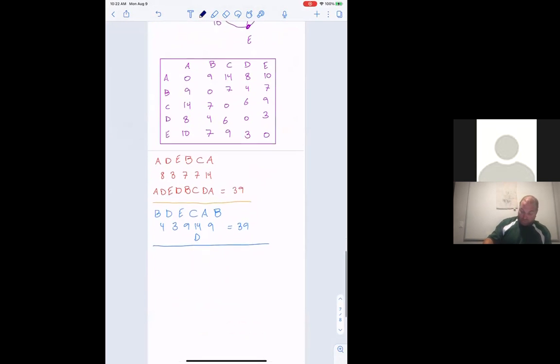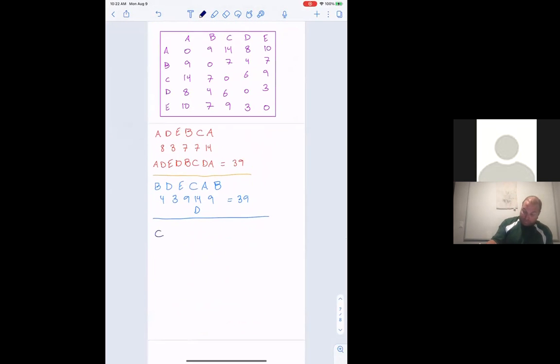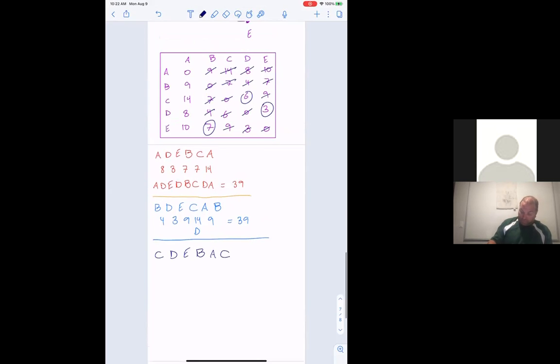Okay, so let's try starting at C. I cross out all the C's, and I look at row C, can go to D, cross out D, and I go to E, cross out E, and I can go to B, cross out B, and I can go to A, which then returns me to C.